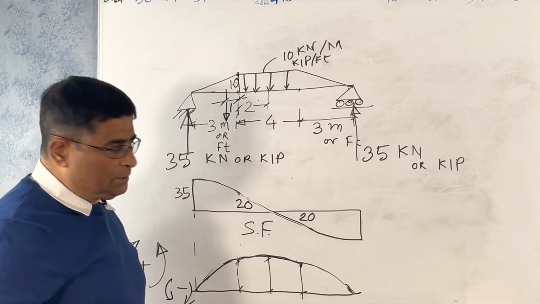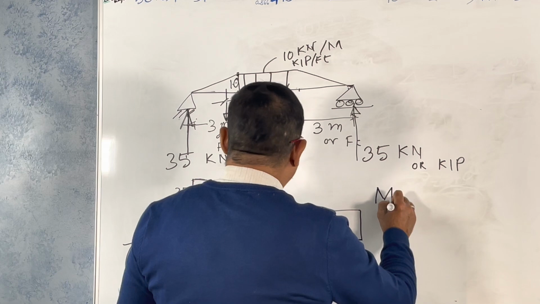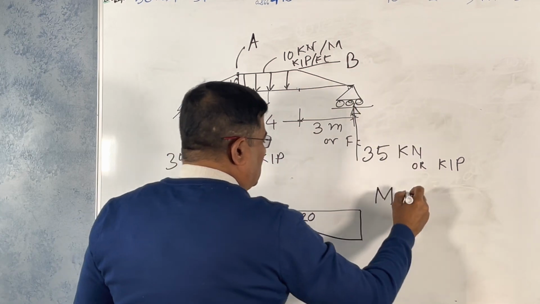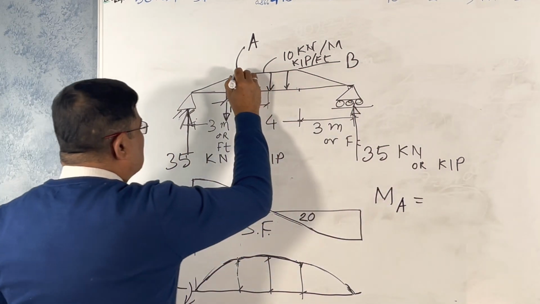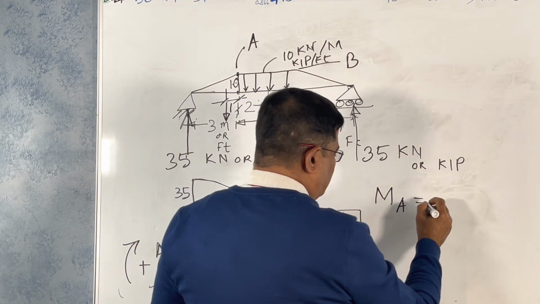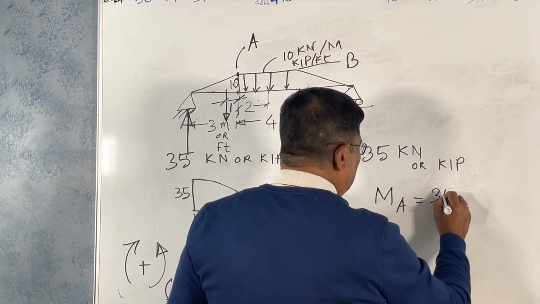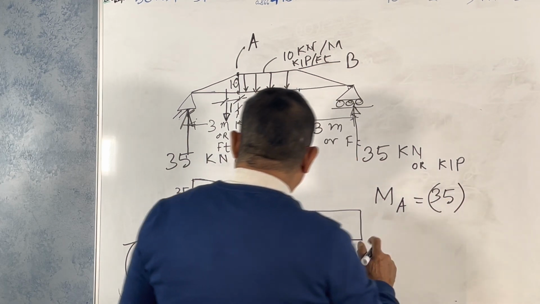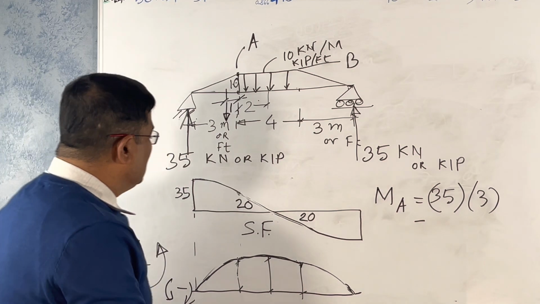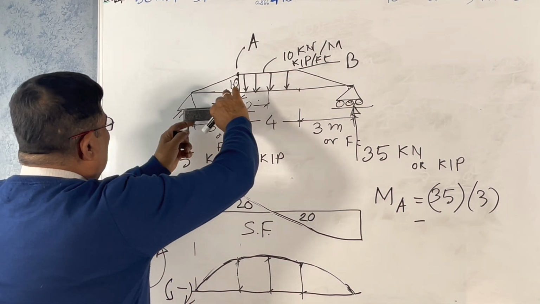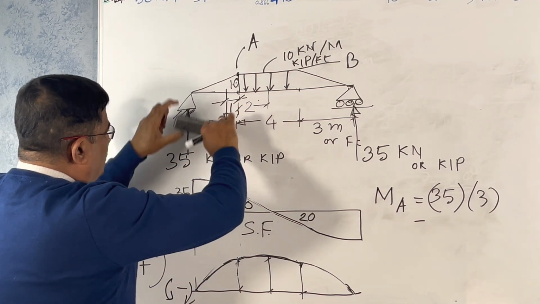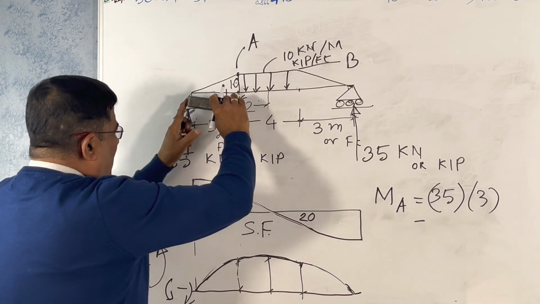Now what is the value here? We can find out the moment at this point. Say this is A, this is B. MA equals 35 times 3, minus, because this force will cause a positive clockwise moment, 35 times this distance 3.